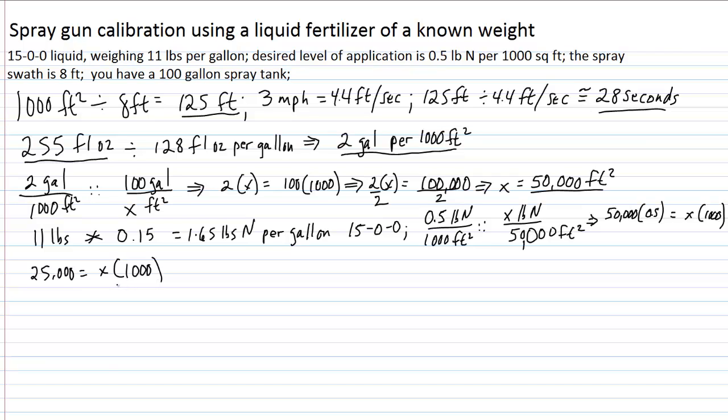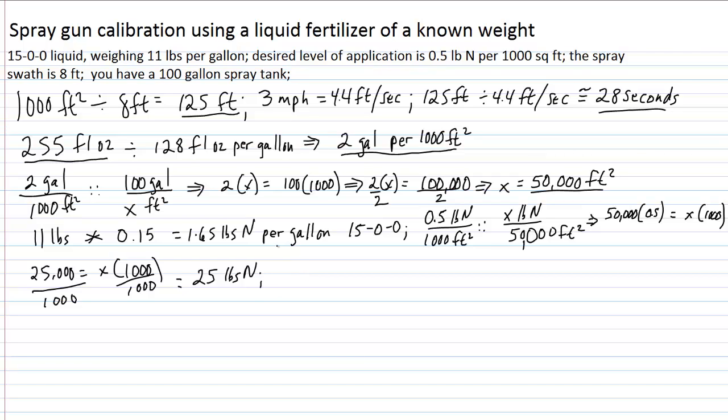Divide both sides by 1,000 in order to solve for X. X is equal to 25, and remember what the units are: pounds of nitrogen. We need 25 pounds of nitrogen in which to cover 50,000 square feet in order to deliver a level of a half pound of nitrogen per 1,000 square feet. So we need 25 pounds of nitrogen.